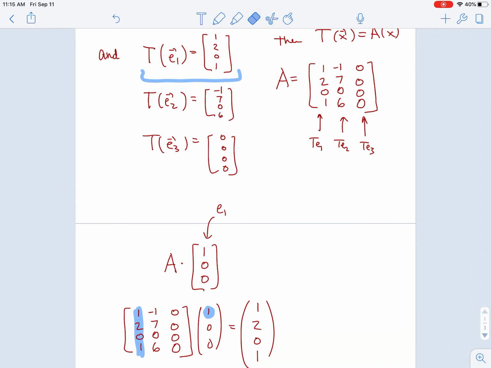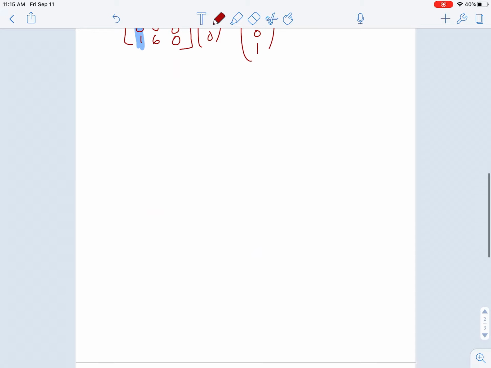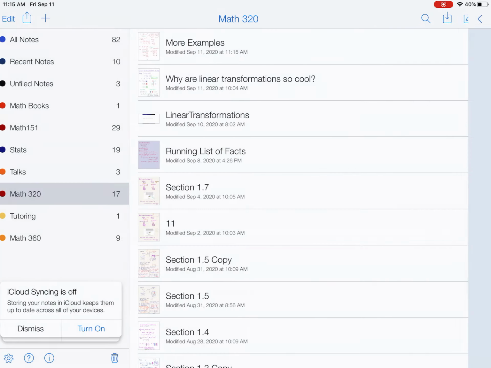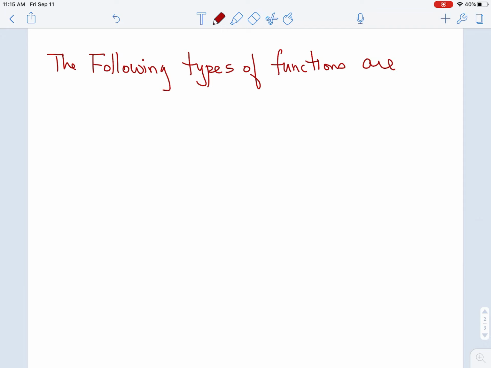So this process works for any linear transformation. And now we're going to apply that to some geometrical settings. The following types of functions are linear. So this is something that we're going to use.